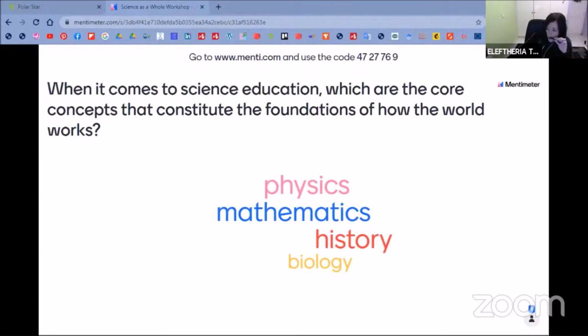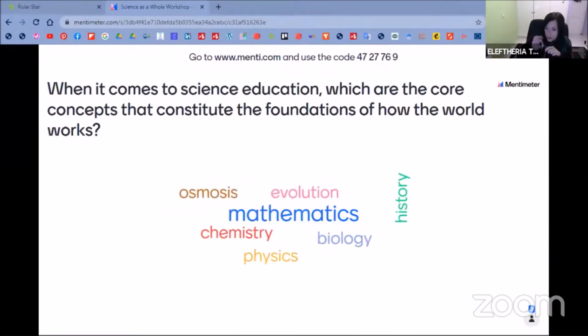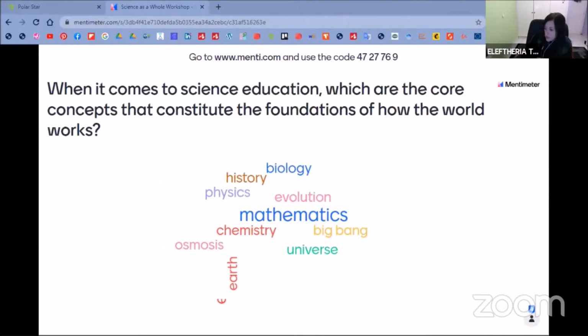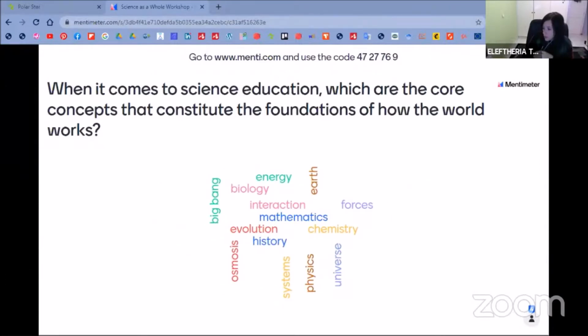Well, these are physics, mathematics, history, and biology. These are not really core concepts. These are disciplines. We're talking about the actual things that you teach them, the really, really small individual concepts. I can see evolution, I can see osmosis, Earth, the Big Bang, interactions.